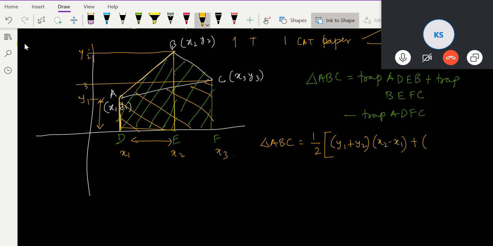The second trapezium is BEFC. Which are the parallel sides? BE and FC. What is BE? Y2. What is FC?